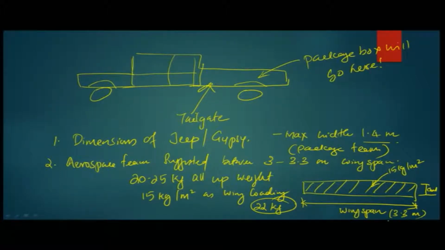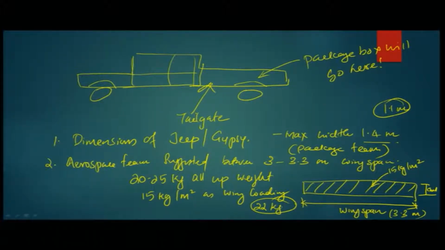Once the wingspan was set to 3.3 meters, we knew that there is a packaging restriction of 1.4 meters. So, we took some clearances and other things out, and we found that if we make this 3.3 into 3 equal parts, you will get 1.1 meters, which is within this 1.4 meters. So, we decided we will make the wing into 3 equal parts of 1.1 meters each.